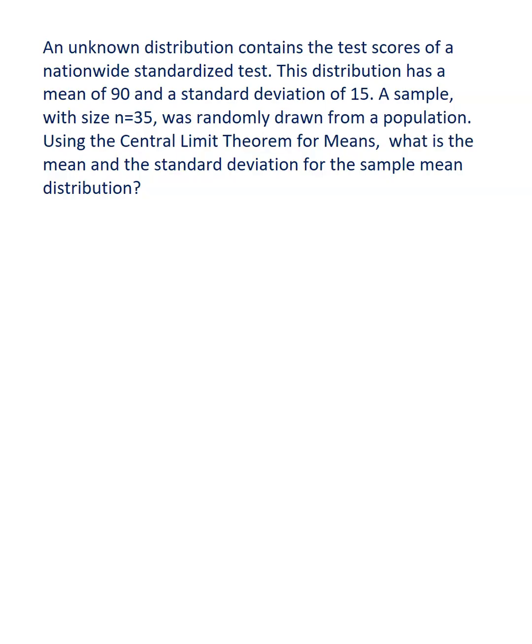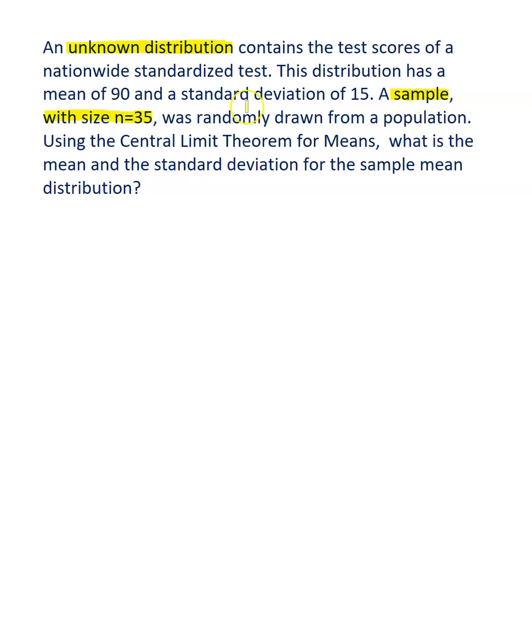Using the central limit theorem for means, what is the mean and the standard deviation for the sample mean distribution? Okay. Now, look for some clues here. We are told it's an unknown distribution. With unknown distribution, we know that we are particular about the sample size being 30 or more. So we just got a sample with size 35, so we are good there.